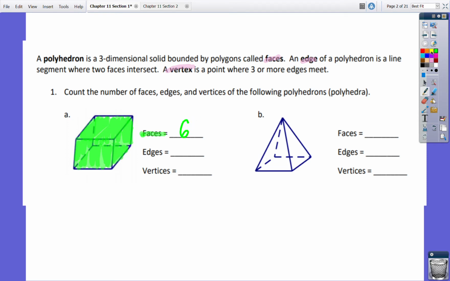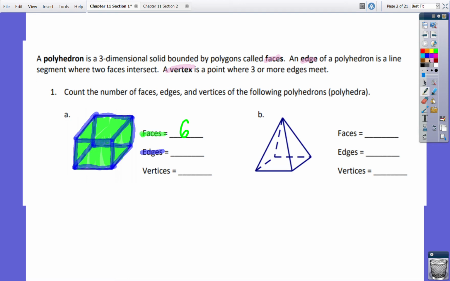Let's look at our edges. So let's use blue for our edges here. So for edges, we're looking at where all those faces meet. So I have 1, 2, 3, 4, 5, 6, 7, 8, 9, 10, 11, and 12.